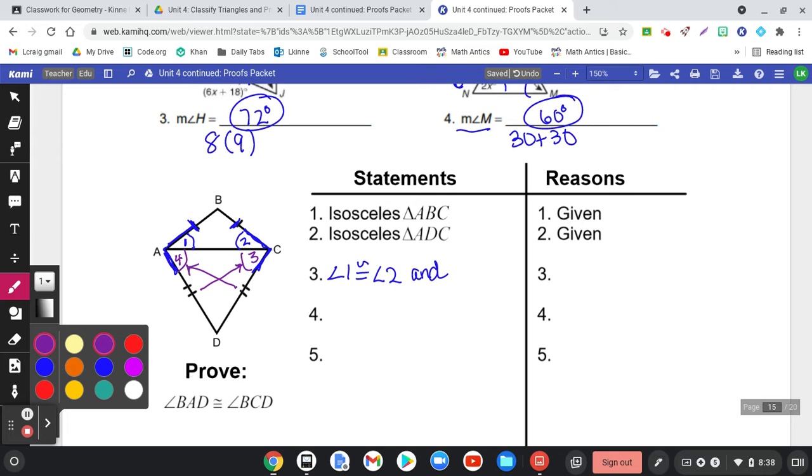So basically you have two triangles butted up to each other, and their base angles are right there. So angle 3 is congruent to angle 4. Again, make sure you use those numbers. And how do we know that base angles in an isosceles triangle are congruent?